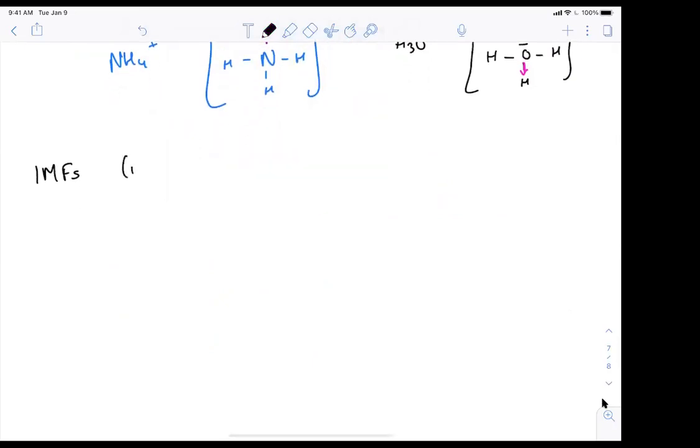IMFs, or intermolecular forces. And for us, this is having to do with covalent molecules. And so therefore, this has to do with molecular polarity.